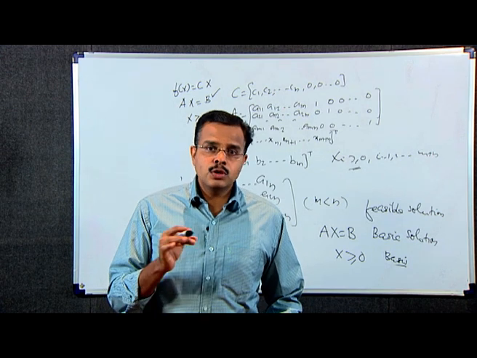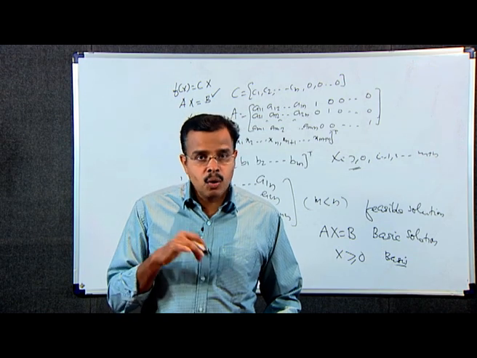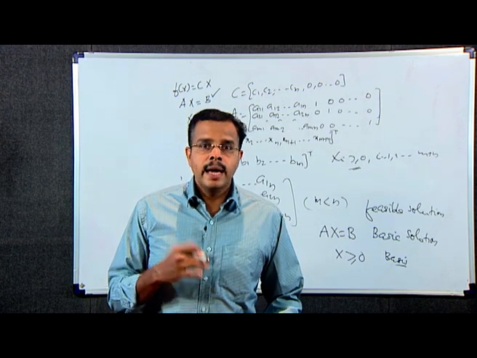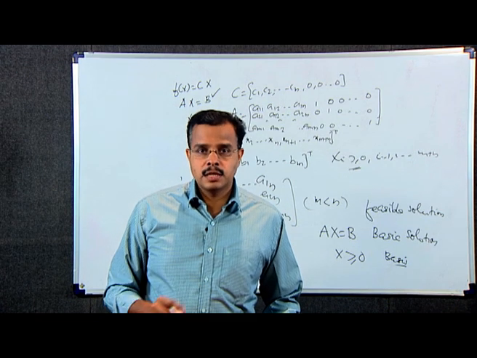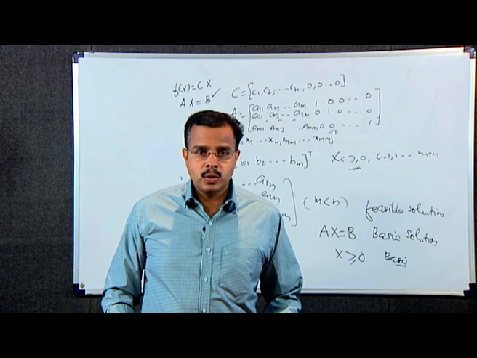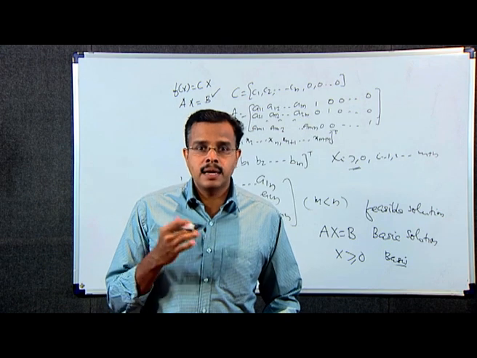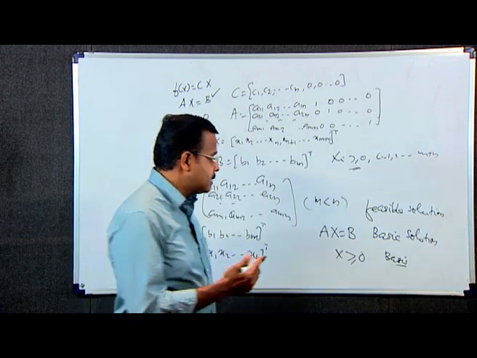Since the unique solution of m equations in m variables may also contain zeros, a basic solution contains at least n minus m zeros. If the number of zeros in the basic solution is exactly n minus m, then the solution is called a non-degenerate basic solution.